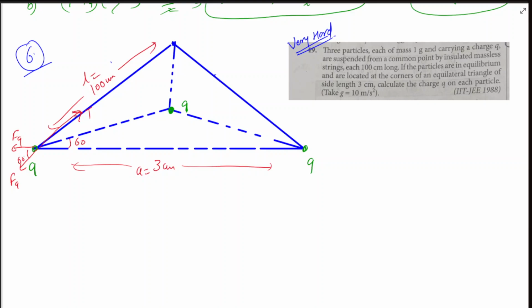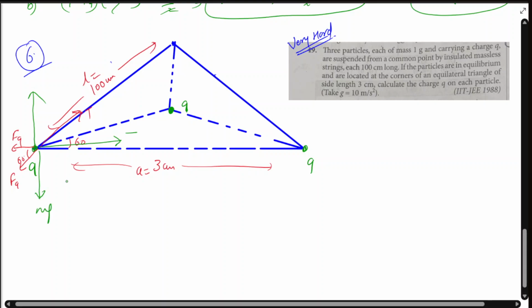Now, let's resolve this tension. Tension's one component will be here, and one component will be here. I have to take g also, so mg will be here. Now I'm making a line here, and this line will be perpendicular to this line.